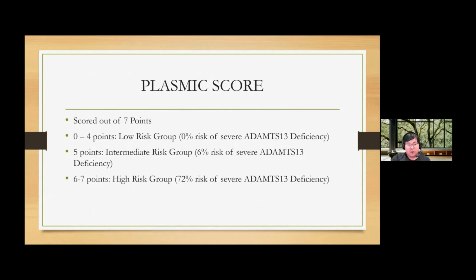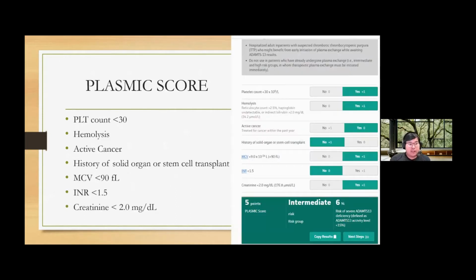I'll talk a little more about the ADAMTS13 deficiency and how that relates to TTP in just a few slides. But we calculated the PLASMIC score, and this, I believe, is MDCalc. We look at her platelets, hemolysis, whether or not she has active cancer, if she's ever had a solid organ or stem cell transplant, the MCV, the INR, and the creatinine.